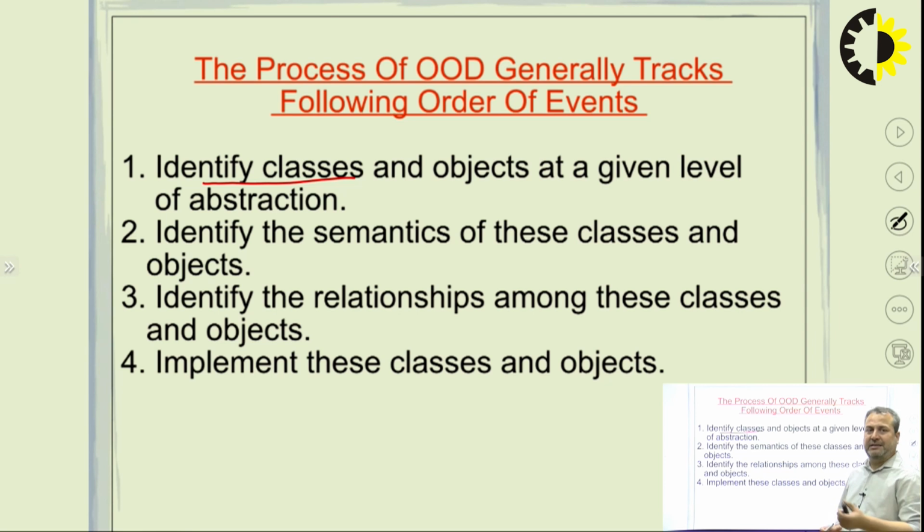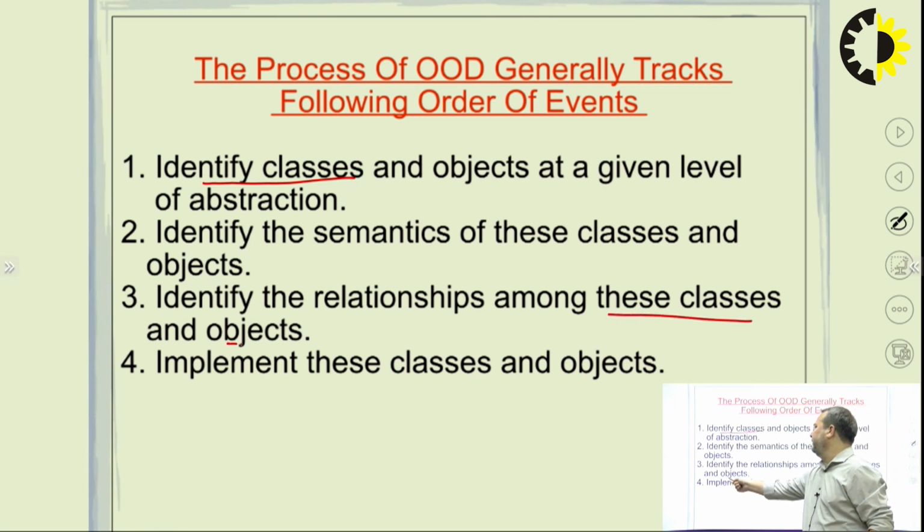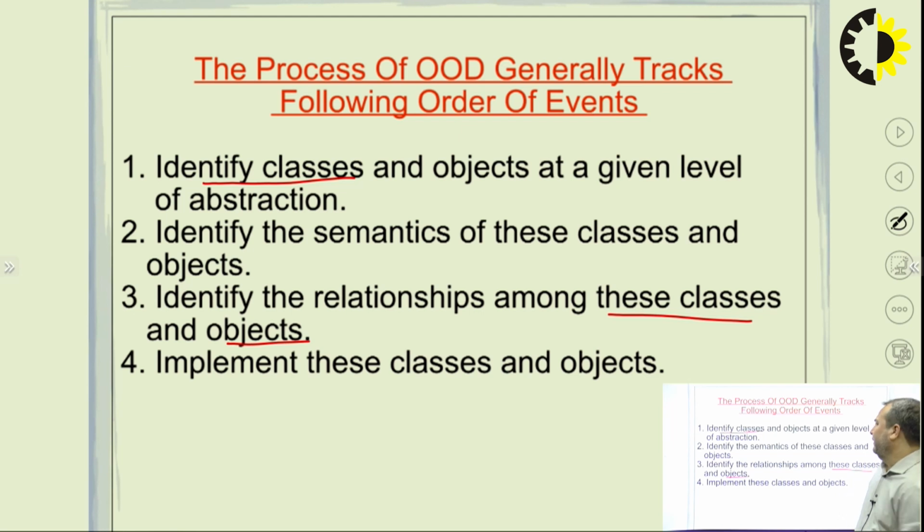Semantics means the meaning of these classes, why we identify these classes or objects, so the semantics must also be identified. Then identify the relationships among these classes and objects for communication, and then implement these classes and objects. Just like basic object-oriented analysis, we have to identify the objects and what the relations could be, and similar types of objects will form a particular class.